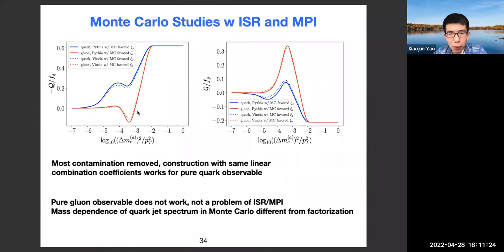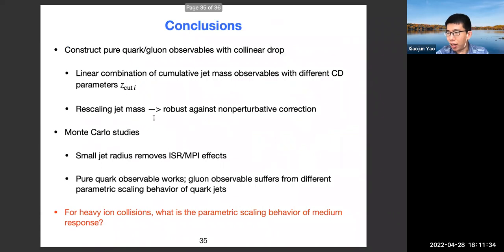So this is promising, and we are really looking forward to using real experimental data to construct these observables. With that, I will stop here. In this talk, I showed you how to construct some pure quark and pure gluon observables using cumulative jet mass distributions in collinear drop.